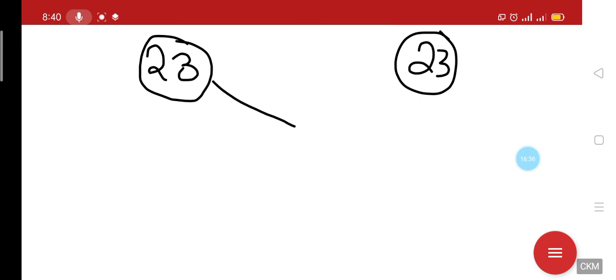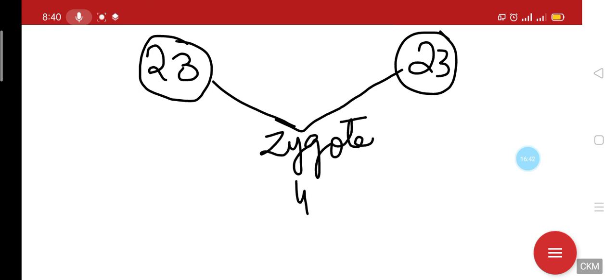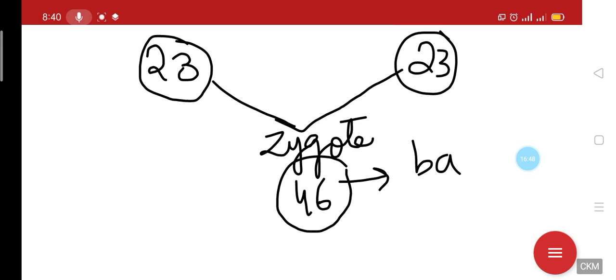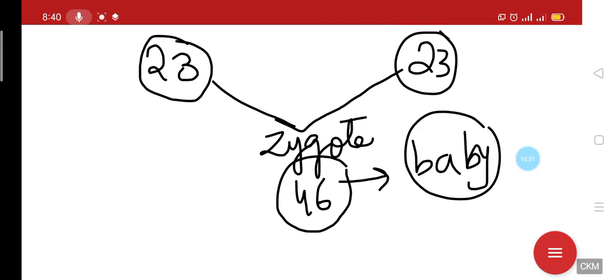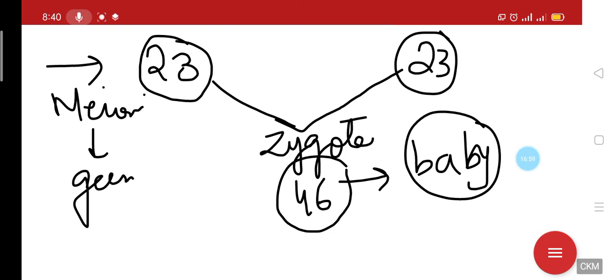When they unite to form the zygote, this zygote will have 46 chromosomes, and this produces a normal baby. So one of the greatest significances of meiosis is to maintain the germline.